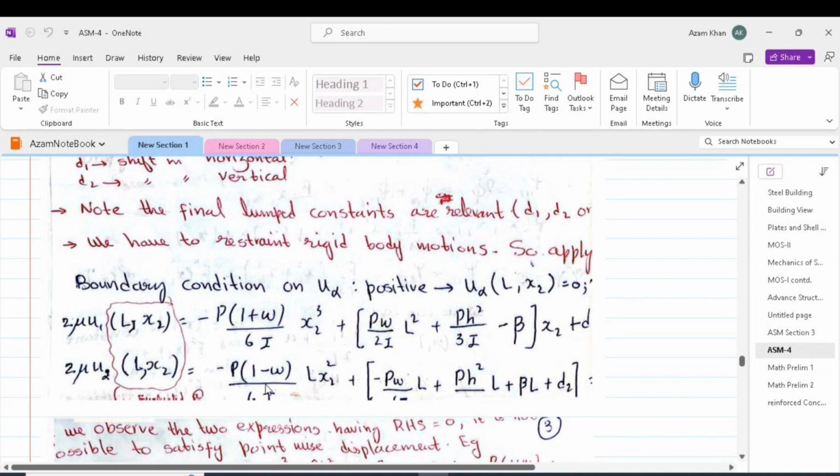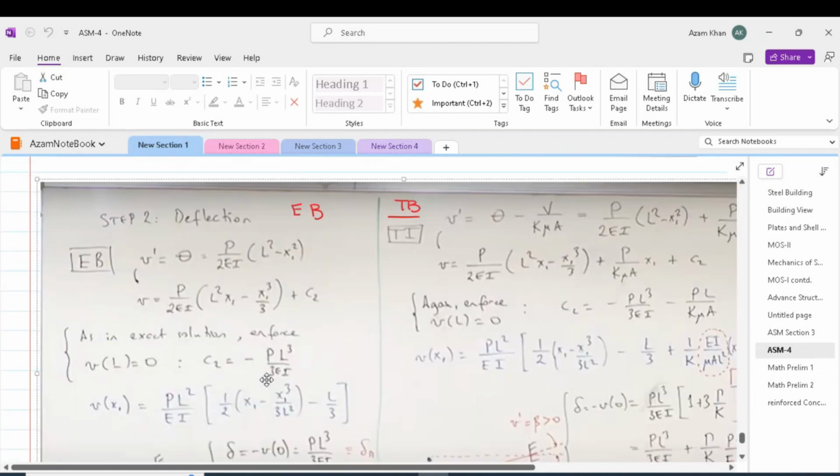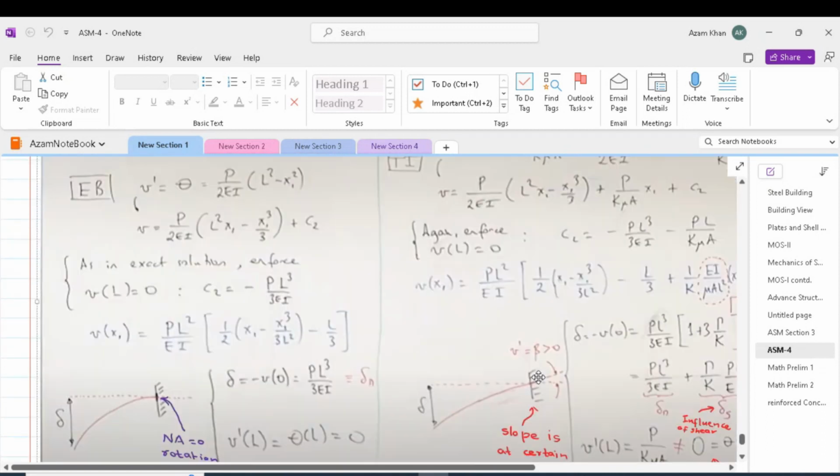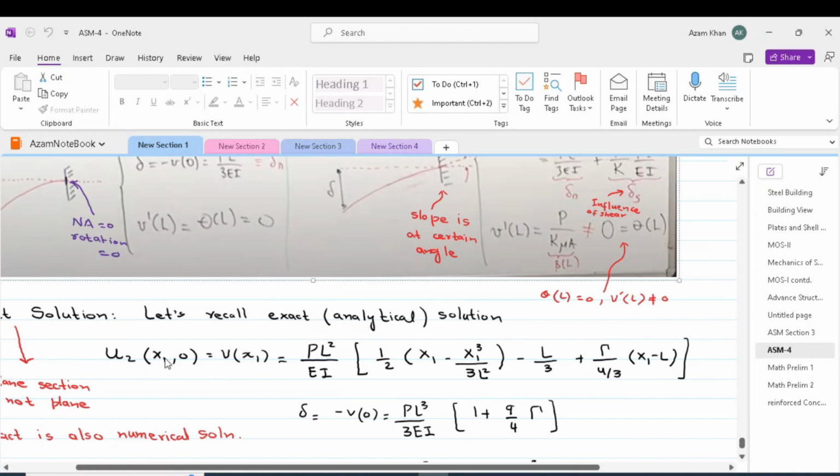The reason we have defined gamma in this equation is to have a consistent result as compared to Timoshenko beam theory, and then from there we will deduce the value of K. So the exact solution is U2(x1, 0) equal to V(x1) equal to PL² over EI [ (1/2)(x1 − x1³/(3L²)) − L/3 + γ(4/3)(x1 − L) ].